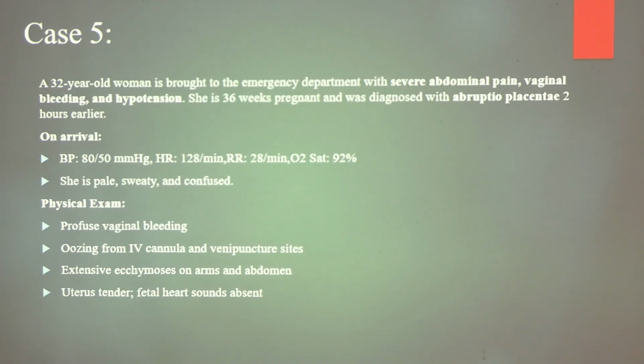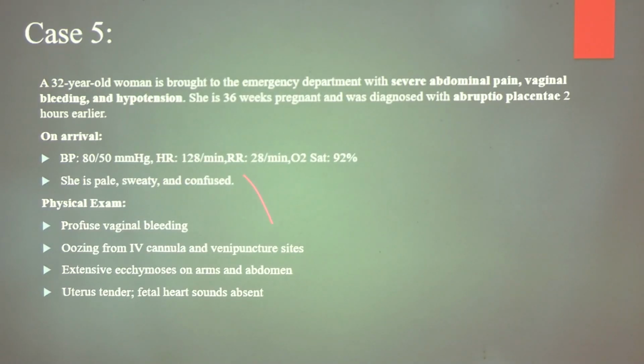On arrival, BP was 80 by 50 mmHg, heart rate was 128 per minute, RR was 28 per minute, O2 saturation was 92%. She is pale, sweaty, and confused. Physical exam: profuse vaginal bleeding, oozing from 4 IV cannula sites, extensive ecchymosis on arms and abdomen, uterus tender, fetal heart sounds absent.